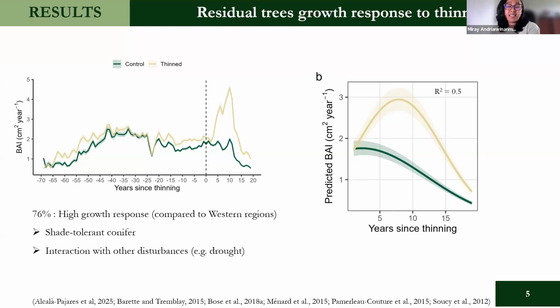But this high response may also be explained by climatic differences, especially for the western Quebec studies, where drought conditions tend to be more frequent and severe, which could have interacted with the thinning and constrained the post-treatment growth responses. But we are doing further analysis of these thinning-drought interactions in the final chapter of the thesis.